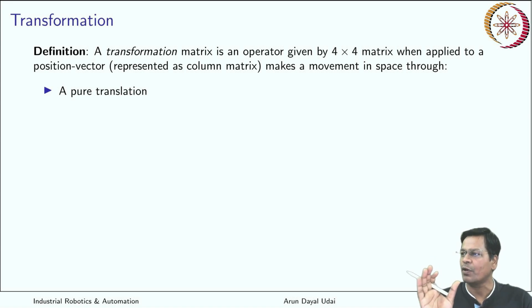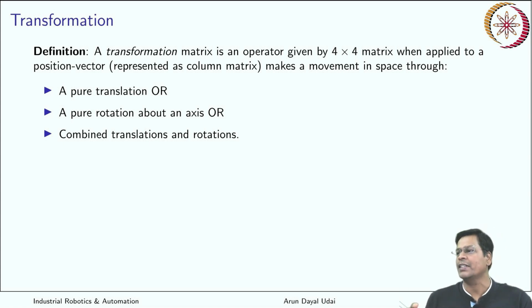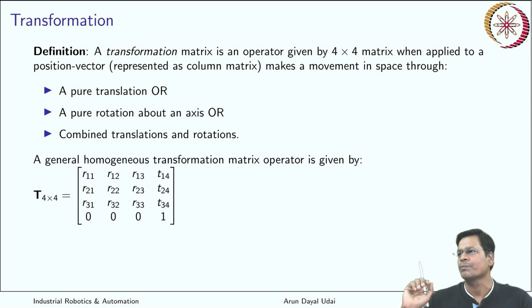If you apply a transformation matrix to a column vector of a point, x, y, z and 1, it will do a pure translation. We will see by example also. It can do a pure rotation about an axis. It can also do combined translation as well as rotation using this 4 cross 4 matrix. How? We will see by demonstration.